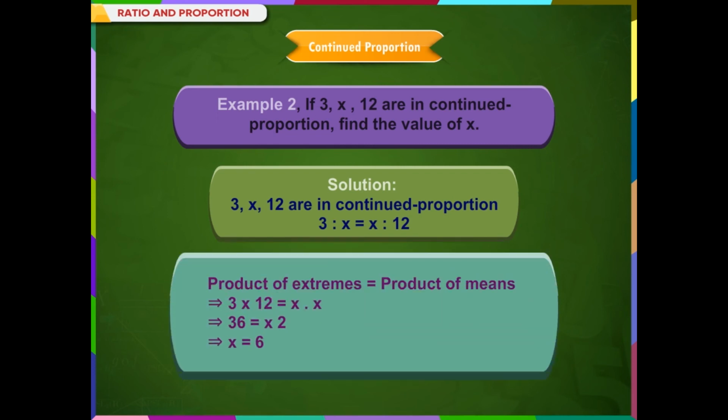Now, we know that product of extremes is equal to product of means, which implies 3 into 12 is equal to x into x, which gives 36 is equal to x square, and thus x is equal to 6.